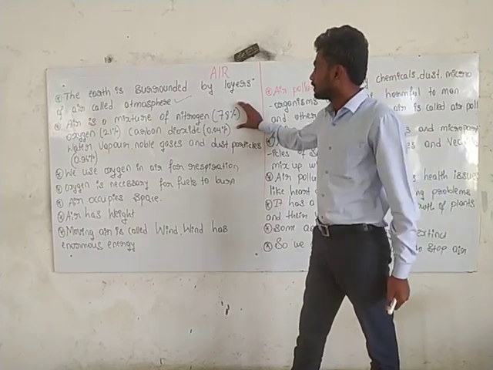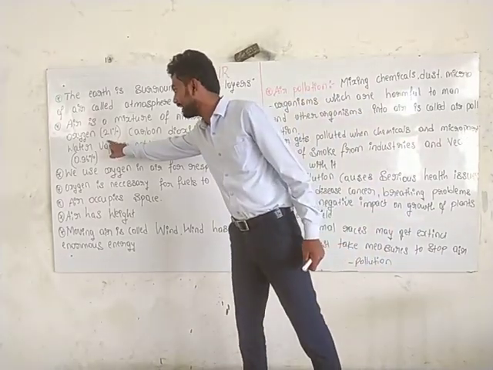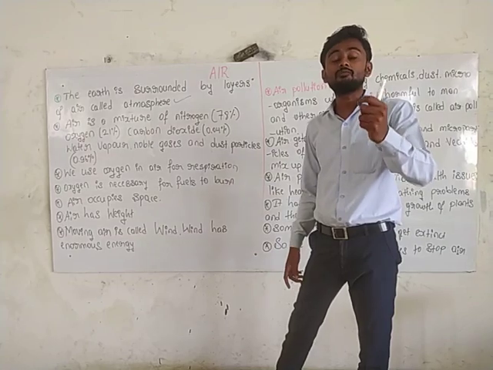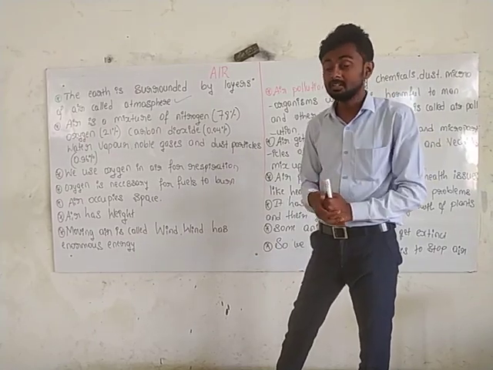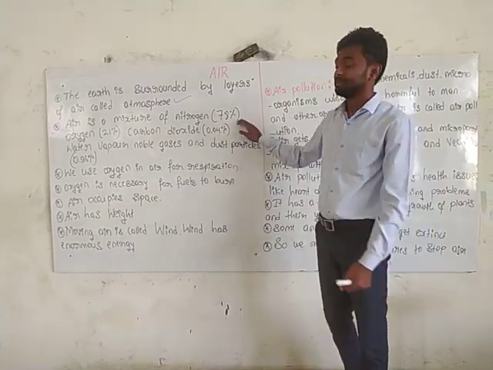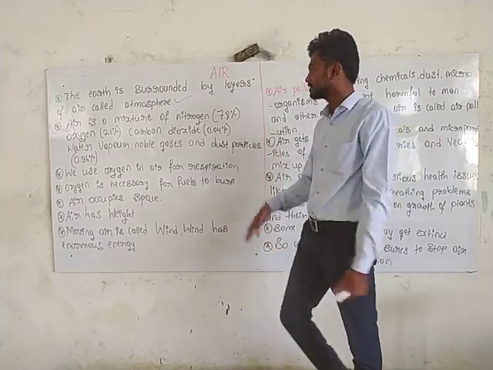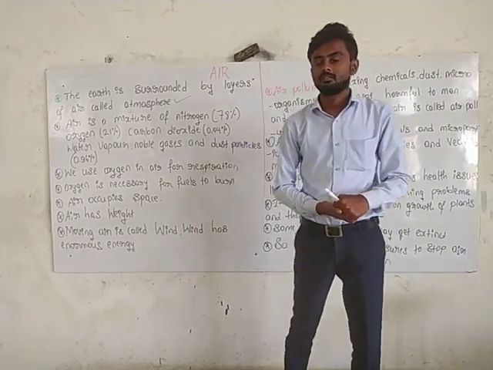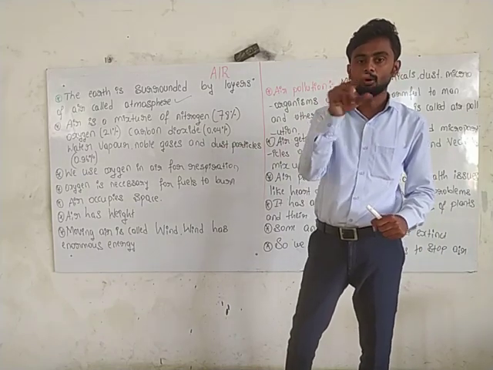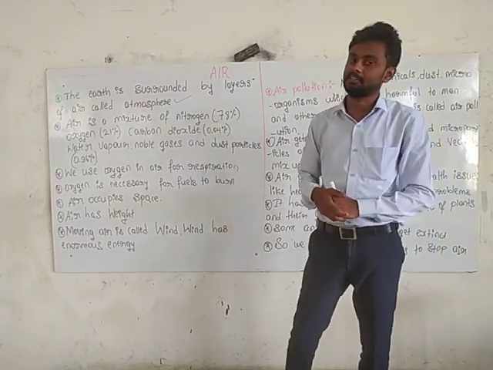So, 78% of nitrogen is present, and 21% of oxygen is present in the air. Next, carbon dioxide, 0.04%, is present in the air.